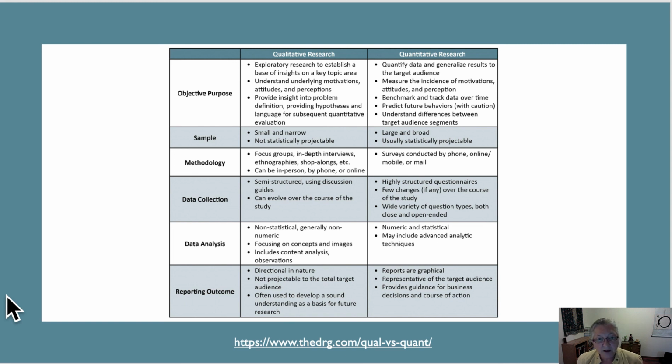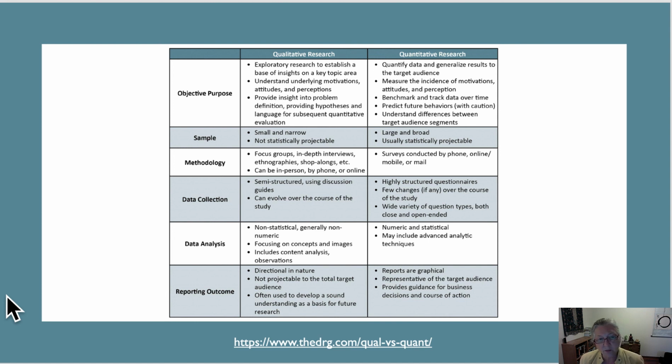We often think that qualitative research is exploratory research to establish a base of insights. Some people will say that before you do the quantitative research, you do qualitative research, and that if quantitative research on a subject already exists, there's no need to go back and do qualitative research.